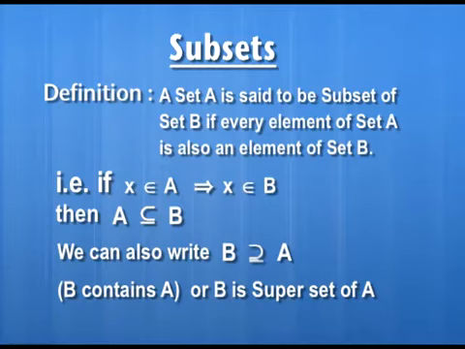Symbolically, we write x belongs to A implies x belongs to B, then we say A is contained in B, or A is a subset of B, and this can also be written as B contains A. B is a superset of A and A is a subset of B.